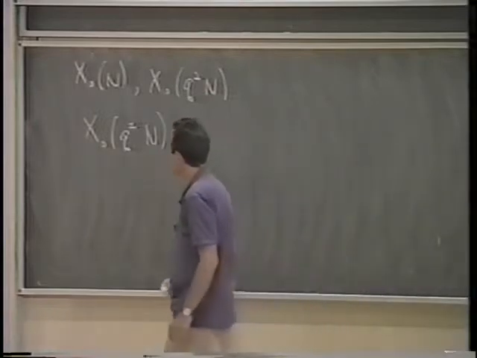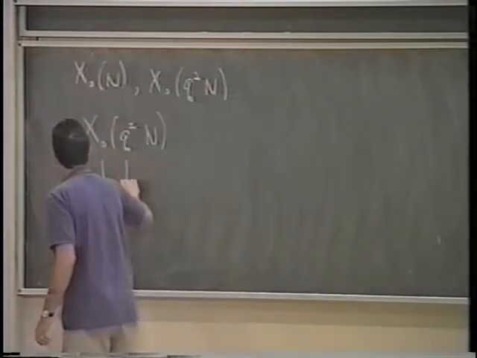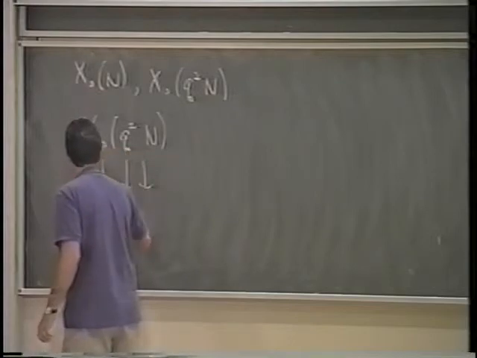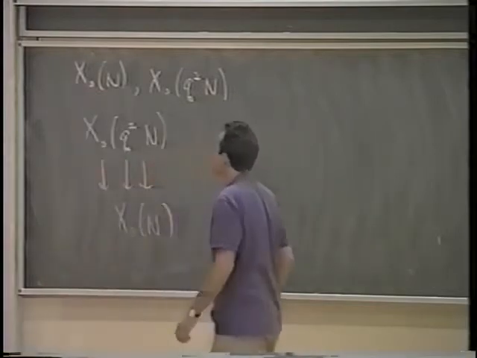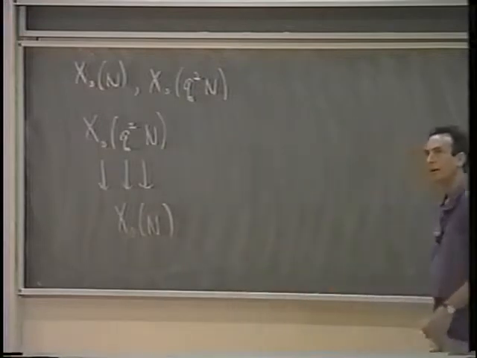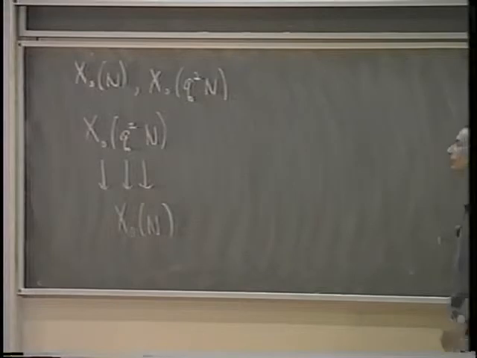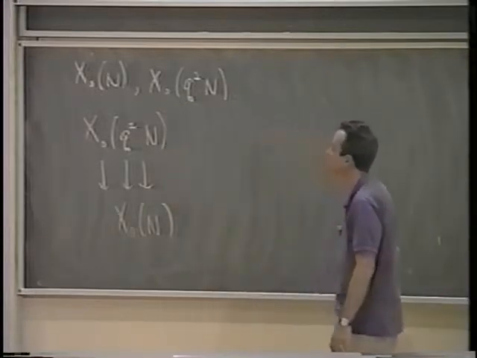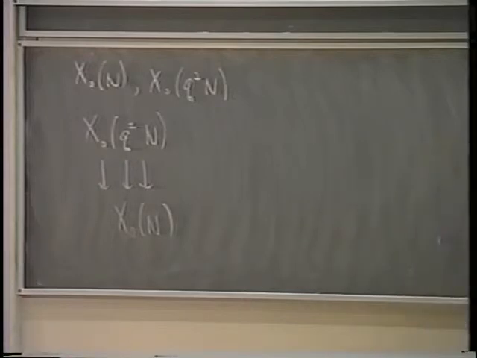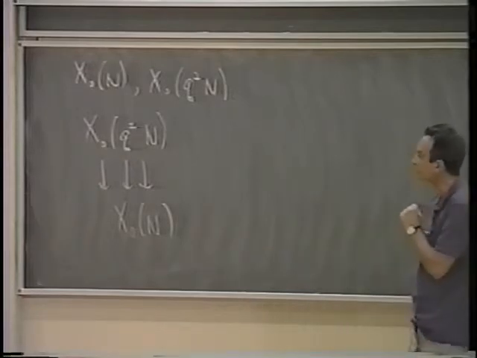And in fact, what happens here is there are naturally 3 maps from X0 of q squared n to X0 of n. And in terms of the problem involving elliptic curves and subgroups, which the problems which are represented by these 2 curves, it's very easy to see some form of these maps.